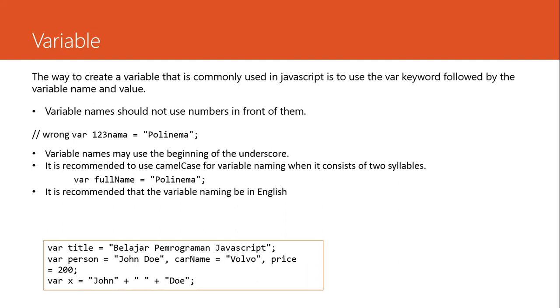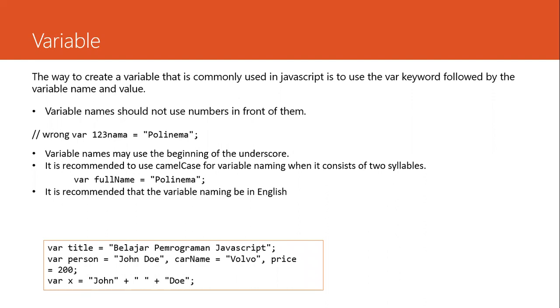The "full" at the front I write in small case, and for "Name" I use a capital N. So for the second word or second syllable, I use a capital. This is camel case. Actually it's not a must, it is just recommended.